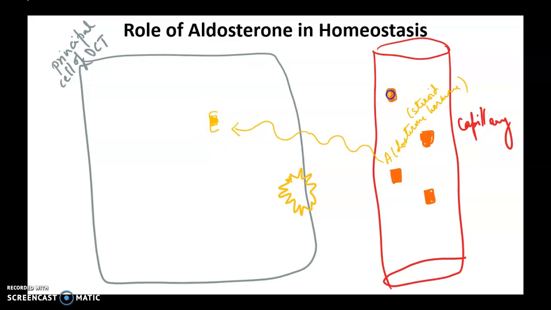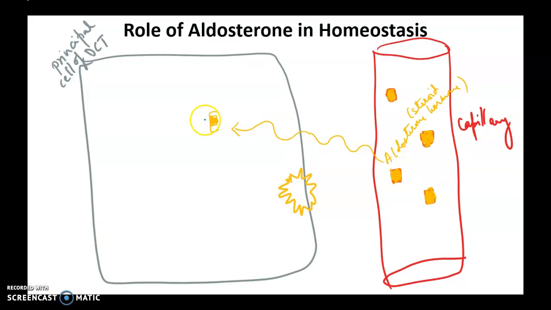Honestly, these should be yellow. Let me do this in yellow. Okay. So aldosterone binds to specific receptors. We get this. Now binding of aldosterone to these receptors will trigger a few things.